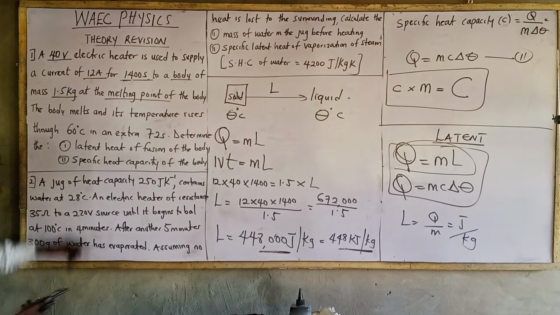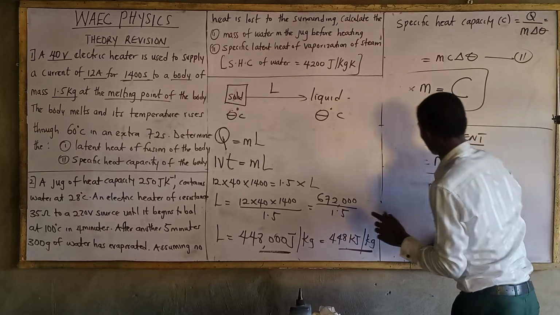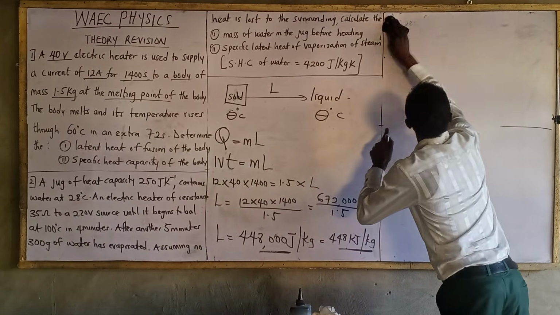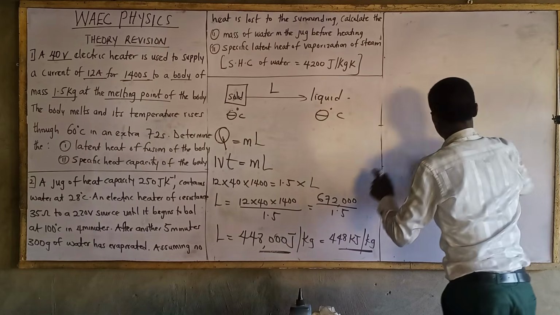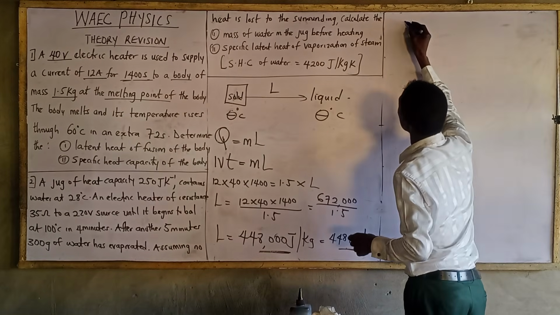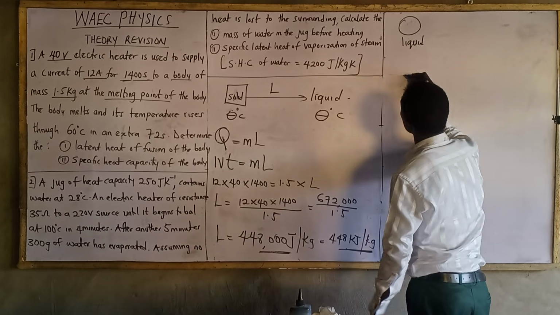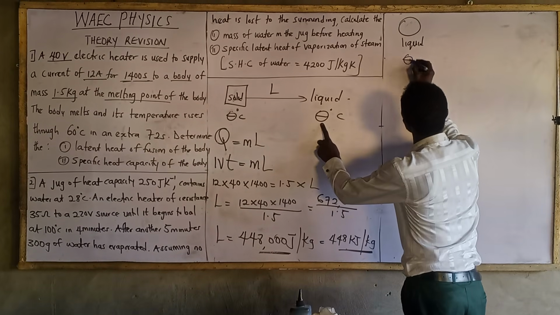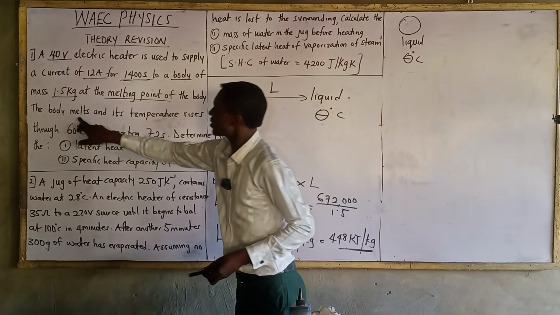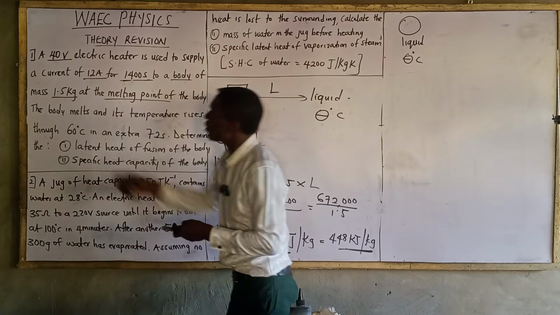While we proceed to get the specific heat capacity of the body on the same platform, it's just simply based on concept and principle. Since it has fully melted to the liquid state at an unknown temperature, which we do not know earlier, here we're told that the body melts and its temperature rises through another 60 degrees Celsius.